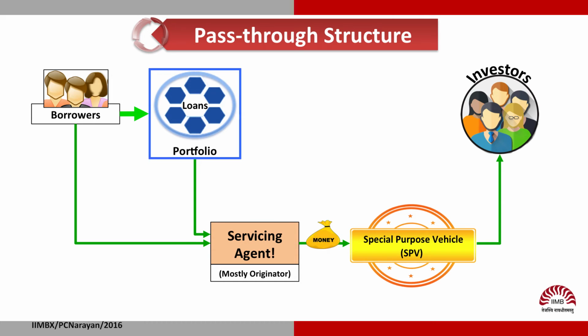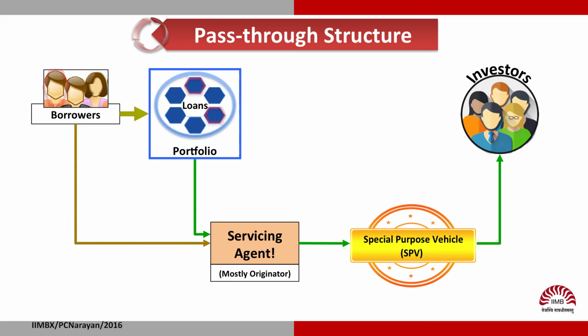The payments so received are immediately passed through by the SPV to the investors after deducting charges that it may have incurred. Excess amounts received as a result of prepayment or pre-closure of the loan are also passed through to the investor in a similar manner.